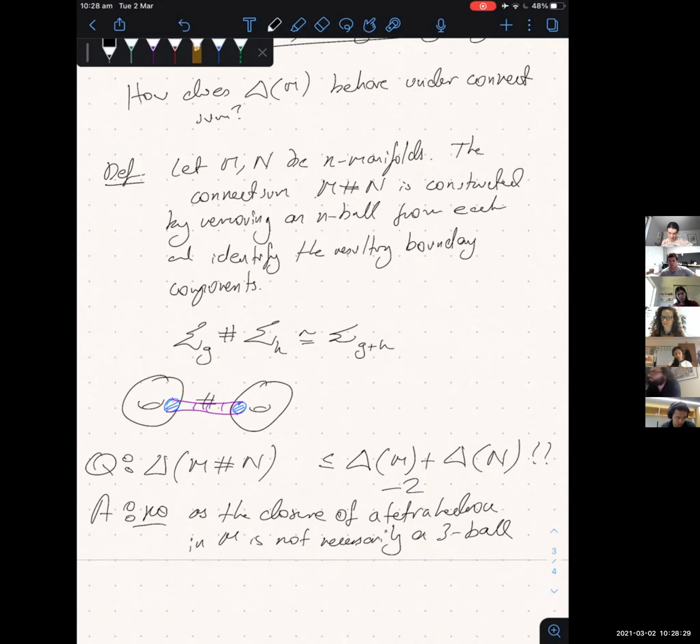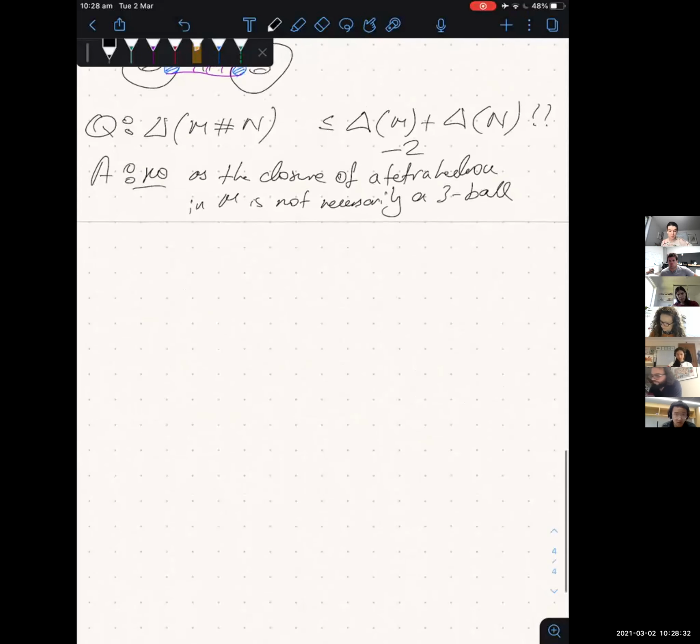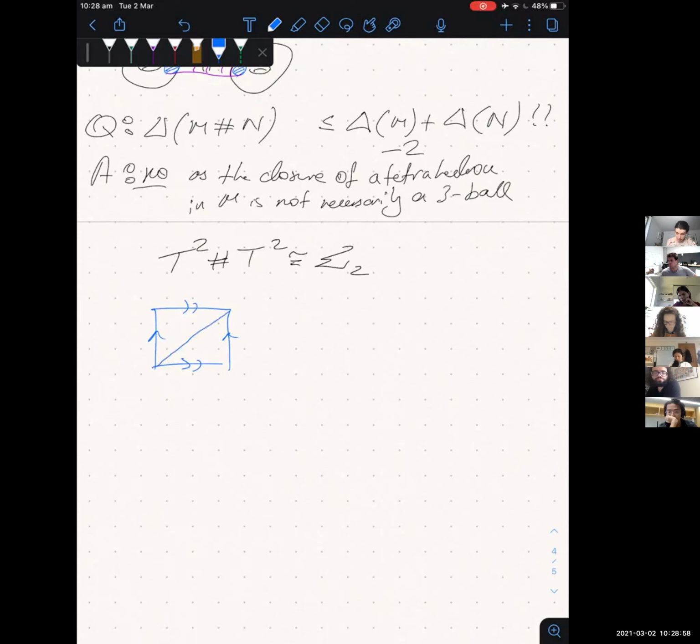Something where we can see this happening is in the surface case. I said before that if we connect sum the torus with itself, we get the genus 2 surface. But think about the minimal triangulation of the torus, and say I keep this triangle and cut out the other one. What do we get?